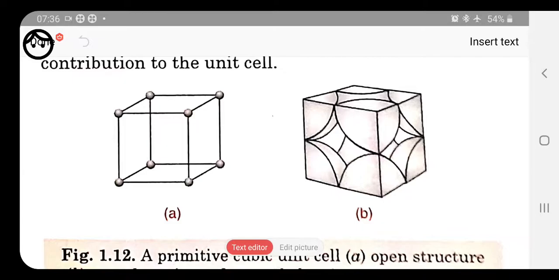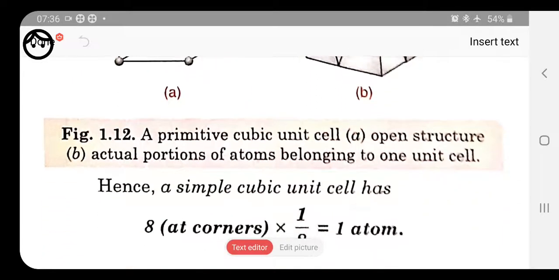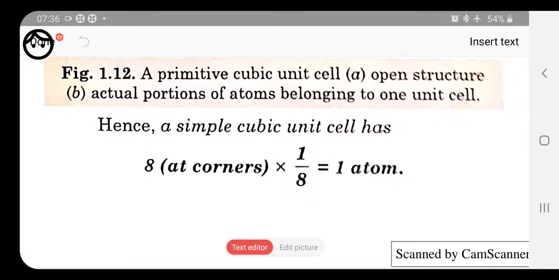That's why, whenever we calculate the number of atoms, an atom present at the corner is shared by 8 unit cells, which means each gets a 1/8 part. So we have 8 constituent particles at the corner, and each one gets a 1/8 part. Finally we get one atom in a simple cubic unit cell.